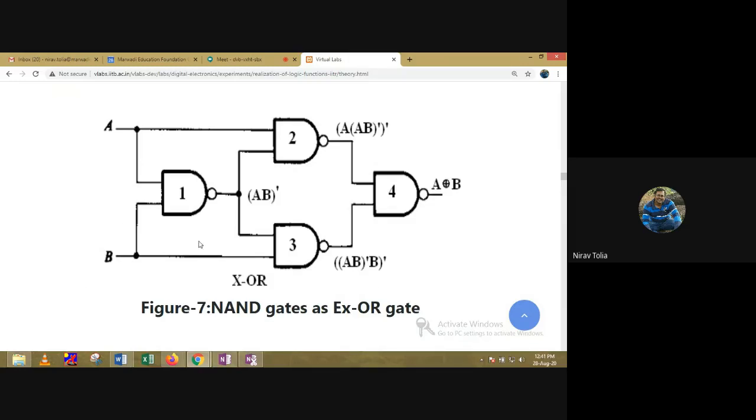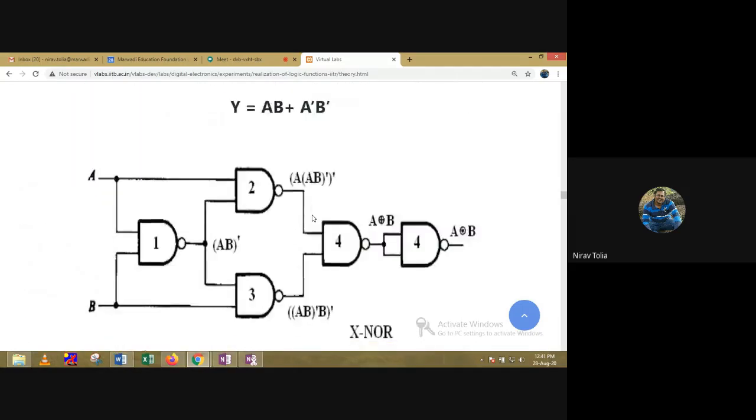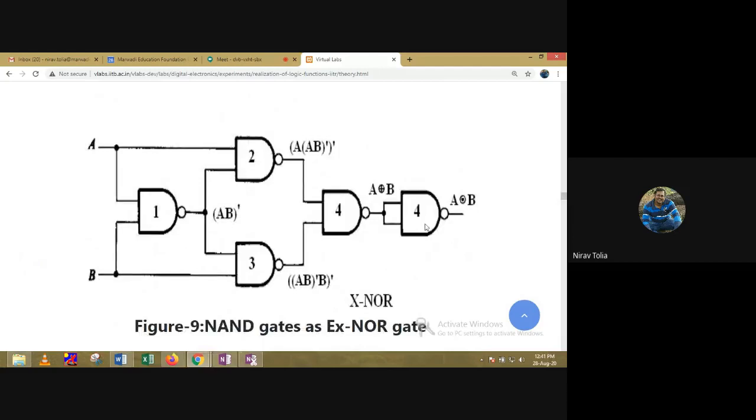You see the figure here: we have 4 NAND gates in the exclusive OR, and in the exclusive NOR gate we have 5 NAND gates. The same thing, but instead of 4, there must be 5.